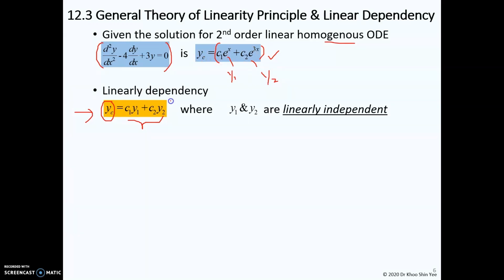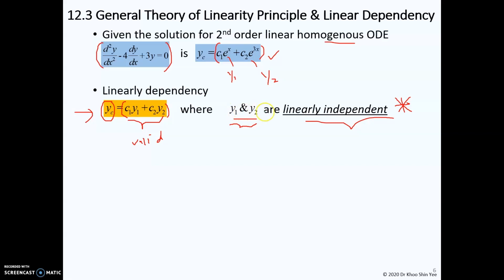Besides that, you must know that this principle of superposition to obtain the complementary solution is valid only if y1 and y2, both of them, are linearly independent. So it is very important for us to check whether the solutions y1 and y2 are linearly independent or not.